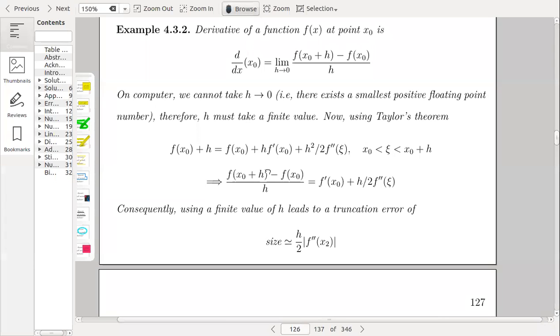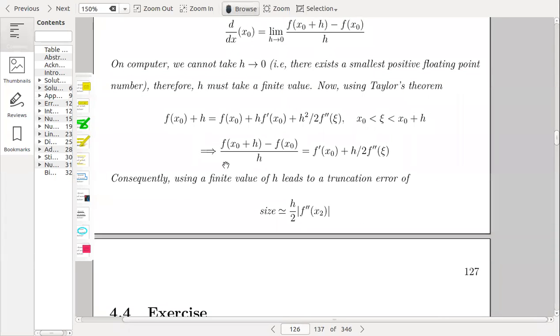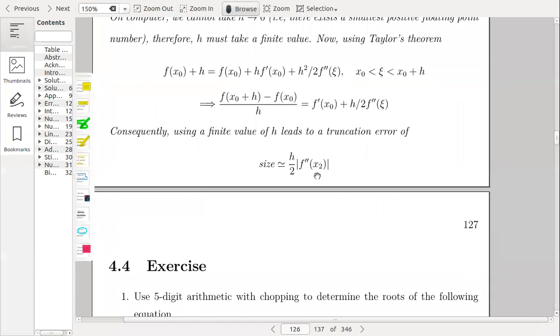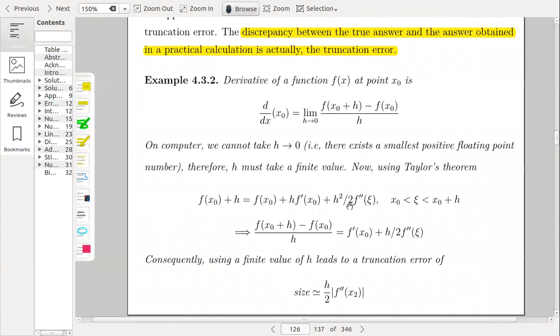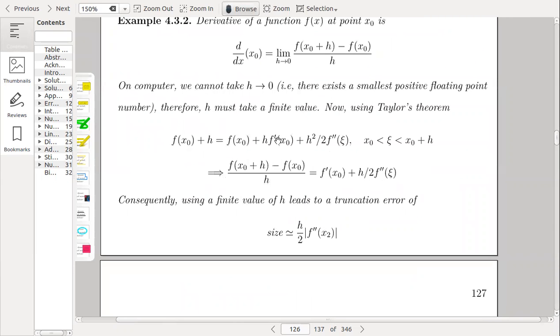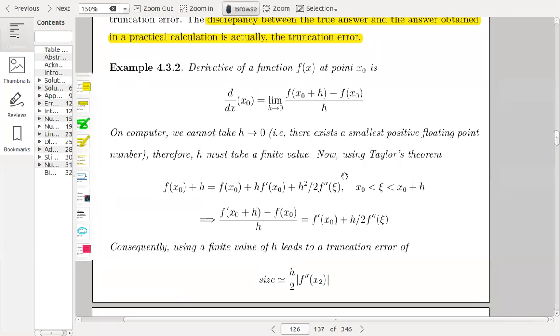So here we show some limitations that a computer can have. Consequently, using a finite value of h leads to a truncation error of size equivalent to h by 2 into the absolute value of the double derivative of f at xi. So that is the idea of the error, how errors are introduced and how these errors can be measured.